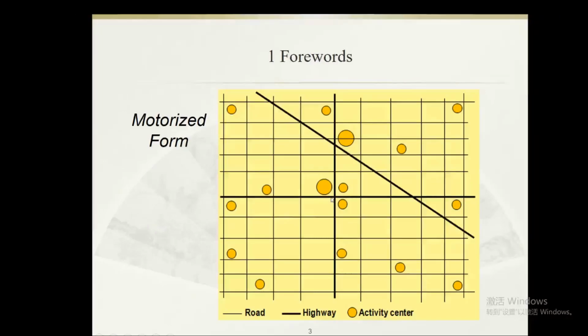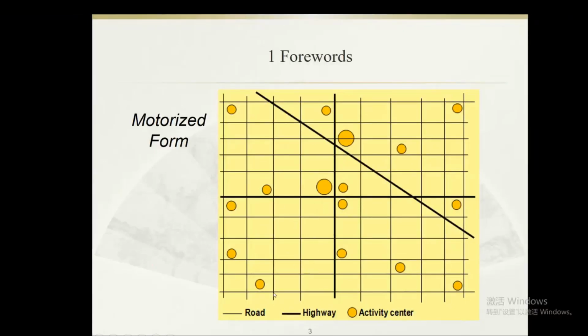First of all, let's discuss some urban development modes. Let's have some imagination here. We have a city or a region. This is an area or a city.